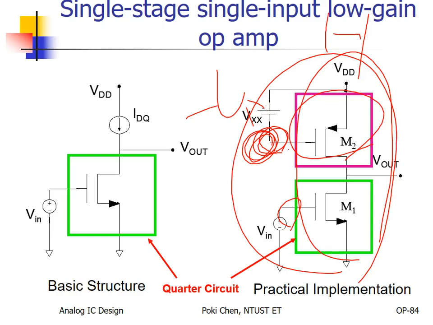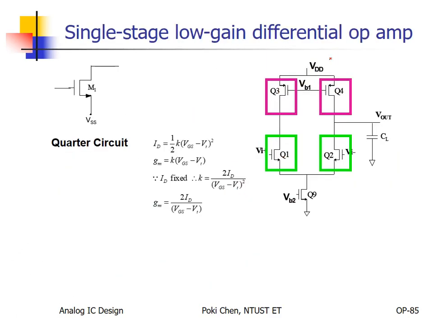In this way, the gain will be substantially increased, but the Gm here won't be constant, because according to the overall structure, we only apply bias current here. We don't apply bias current there.